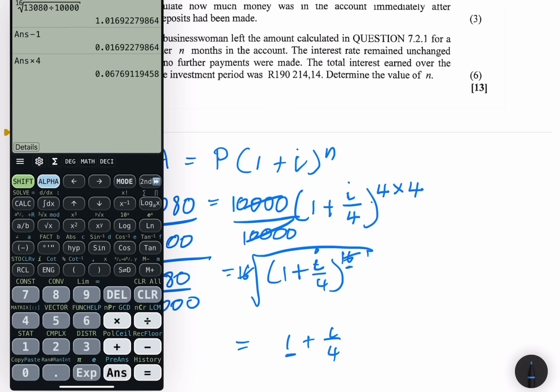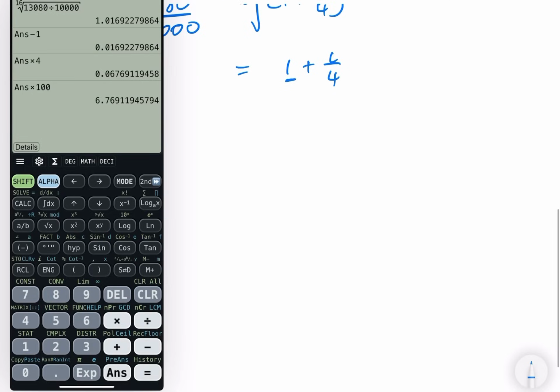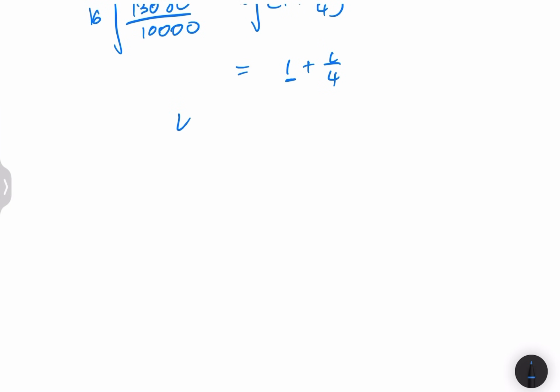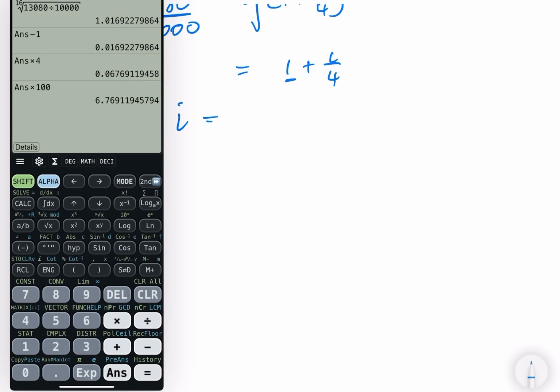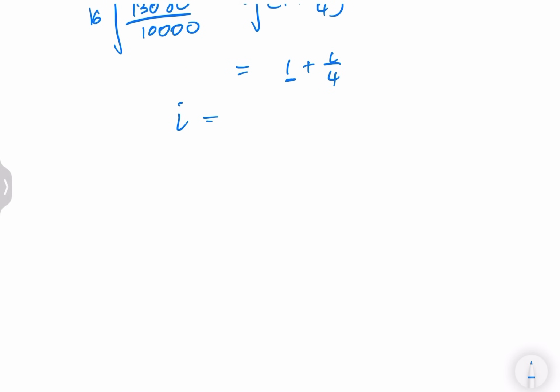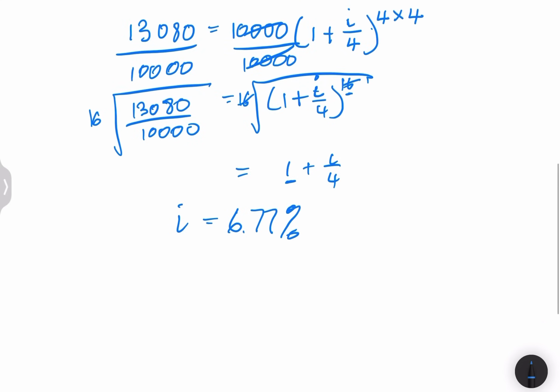So multiply that by 4, I get 0.06. But remember, in this case, we want the interest rate, so we still need to multiply that by 100 so that we get the correct rate. So in this case, I've got i is 6.77%. I'm sure you can work through that and obviously find that answer for yourself.